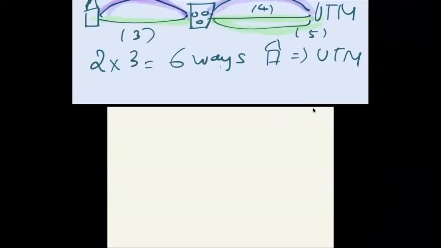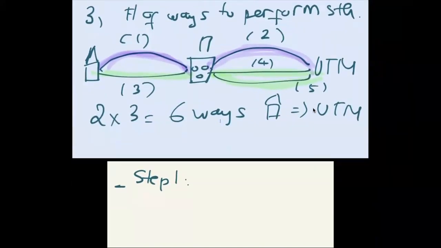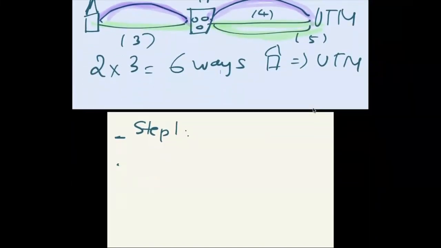So in general, the number of ways to perform an event, you should think about it like this: I can perform such an action by having step 1 do something, step 2 do something, and step K do something. Then you calculate how many ways there are.